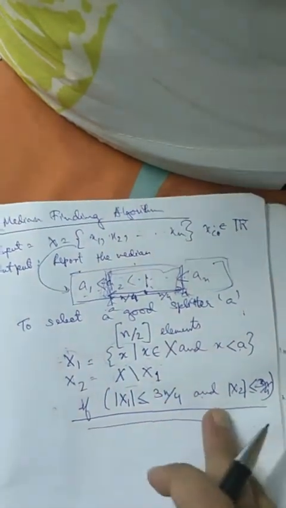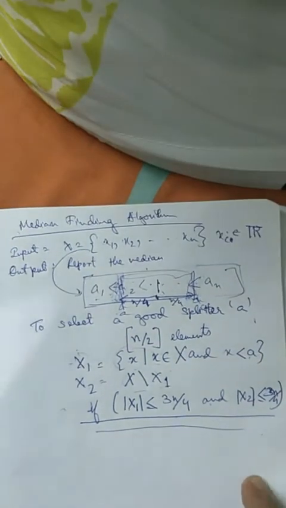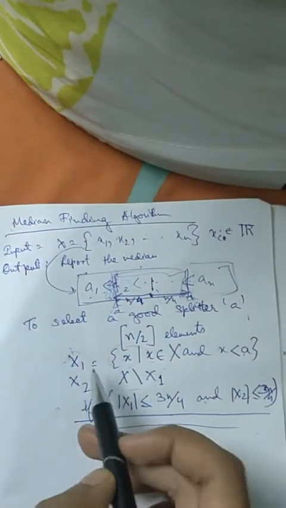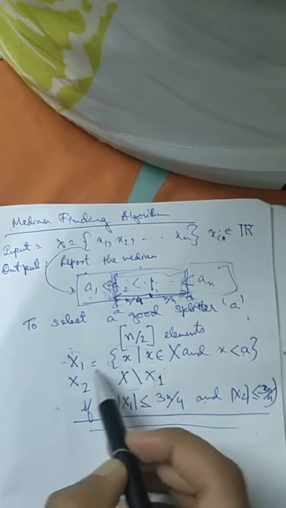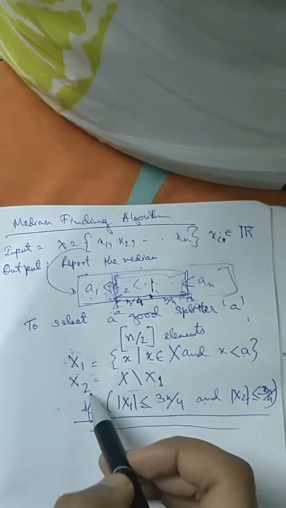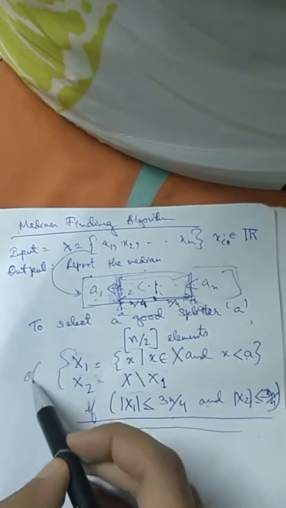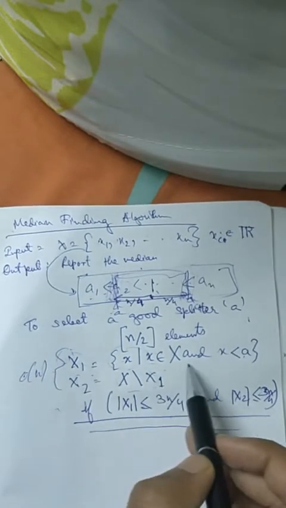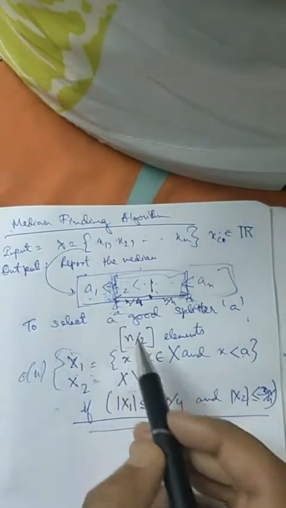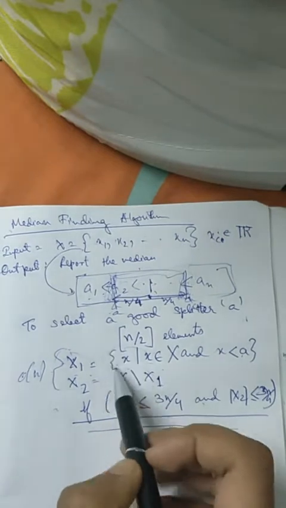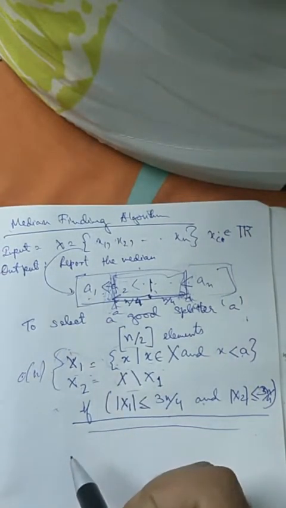So we say a is a good splitter if, first, we divide x into two parts. This takes order of n time to check all elements of capital X and divide it into two sets, x1 and x2.